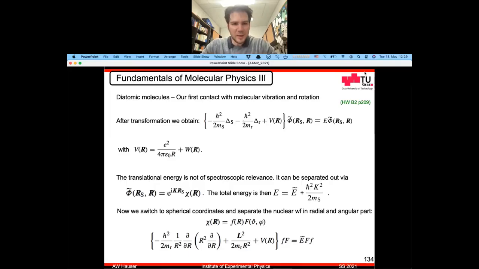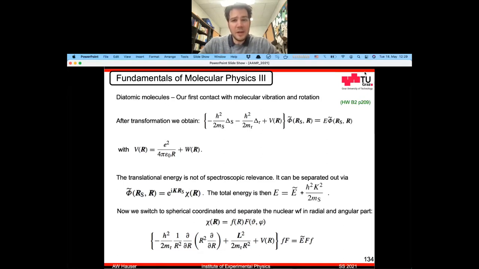How do we get this solution e to the ikRs? Well, if you look at the Hamiltonian in the first line, and you just take those parts that are relevant with respect to our center of mass coordinates, you can see it is the Schrödinger equation for a free particle, right?